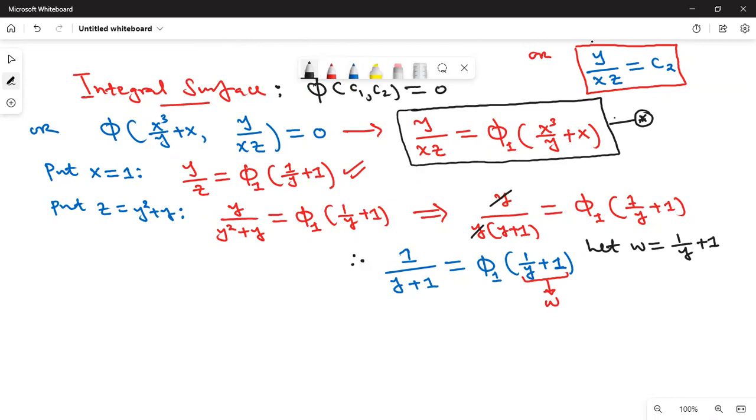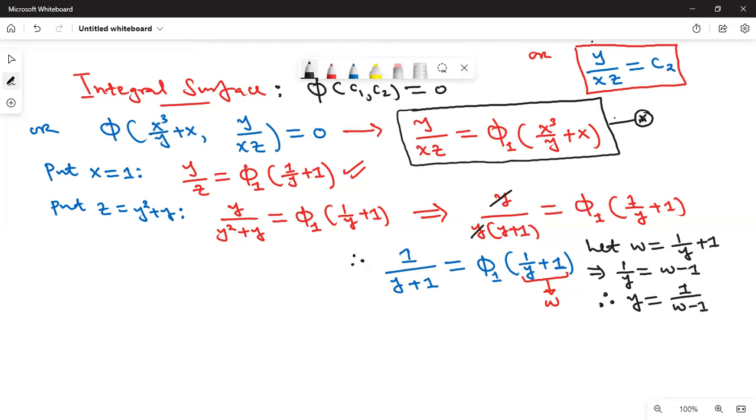So I need to make Y the subject. From here, we get 1 over Y is equal to W minus 1. So therefore, Y will be equal to 1 over W minus 1.